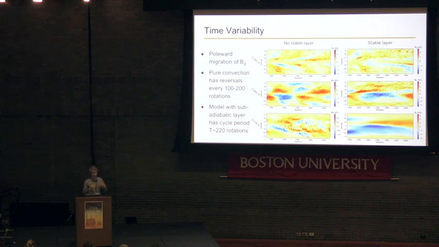While in the simulation that contains the tachocline, we only got a total of 2 reversals over 1,000 rotations, and they came about 200 rotations apart. Now, it's important to keep in mind that those reversals came at the end of the run, so if I continue it, and I am continuing it, we may see more. But in any case, the reversal time for the simulation containing a tachocline is much longer than the reversal time without.